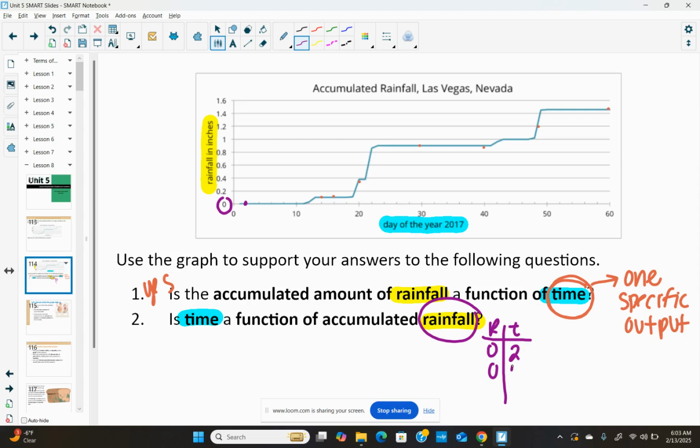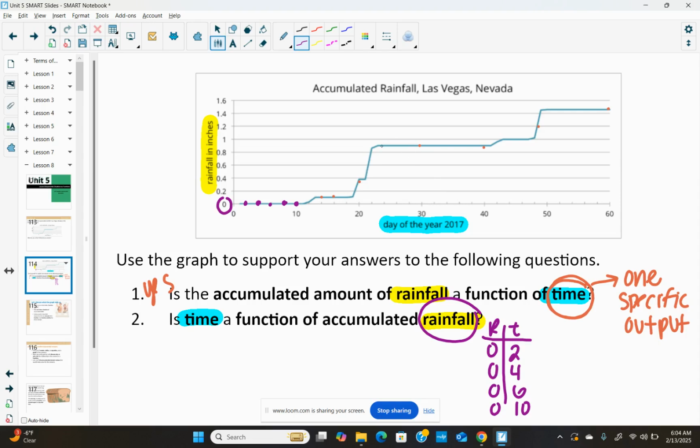We have 0 rainfall at 4 days, 0 rainfall at 6 days, and 0 rainfall at 10 days and 8 days. So all of these have 0 rainfall, and so we do not have one specific time value for each rain value.